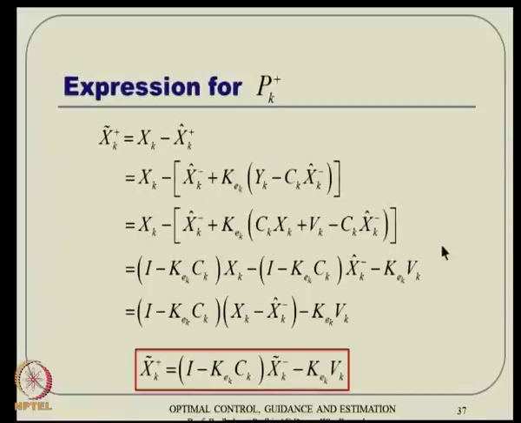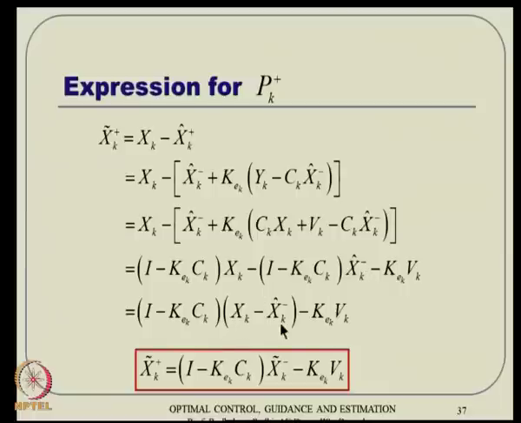Now, we expand all this, xk plus, and yk is nothing but Ck xk plus vk. So, we put the yk expression here and then expand all that, and it turns out that we can write it in this form. Because now here is xk, here is xk hat.